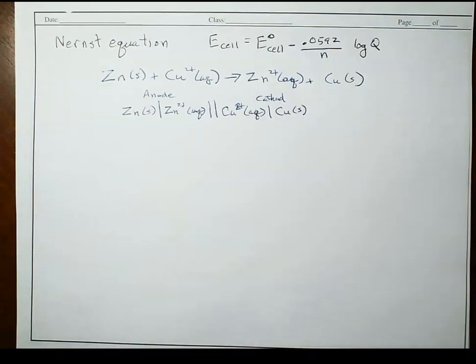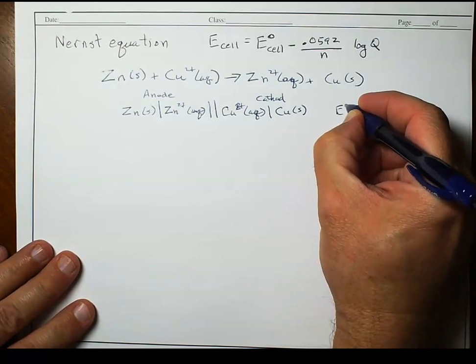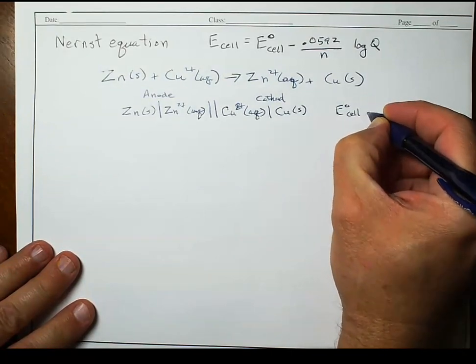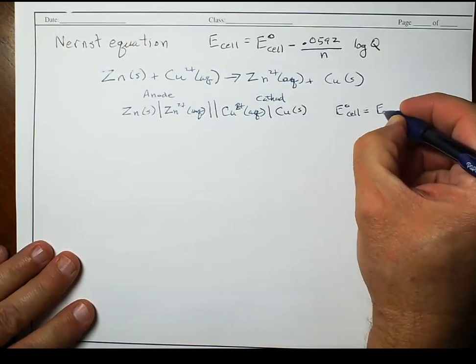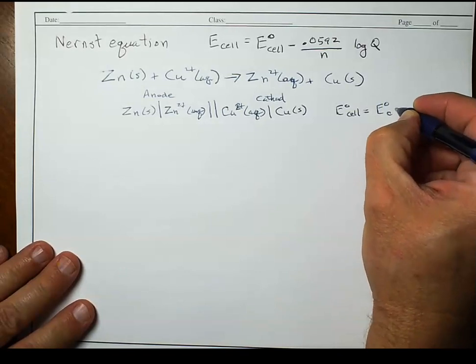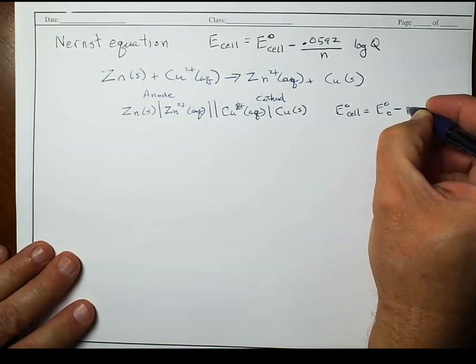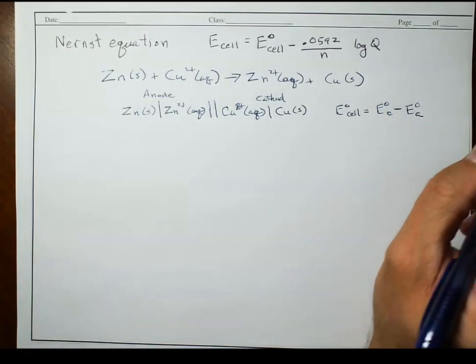All right, the standard voltage for this cell is going to equal the standard reduction potential of the cathode minus the standard reduction potential of the anode.